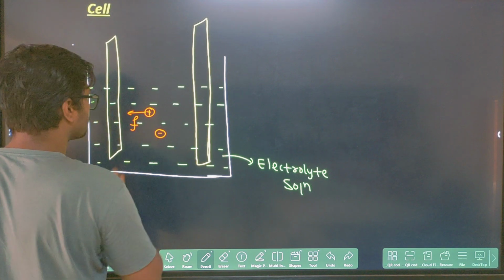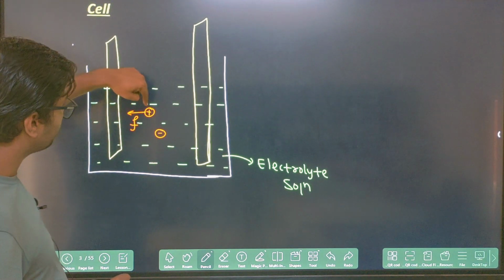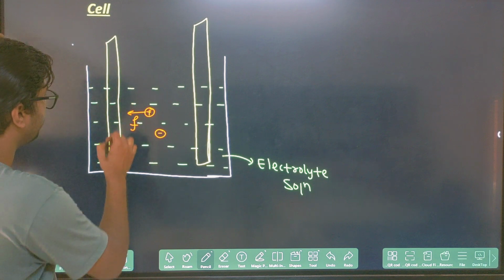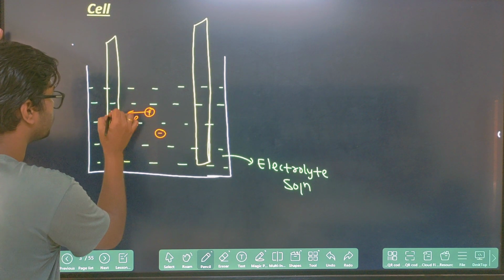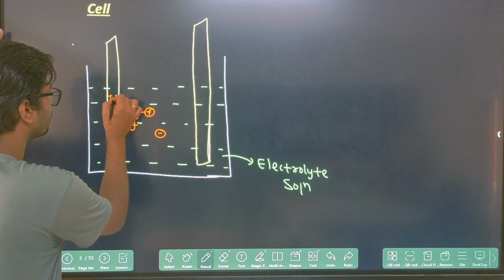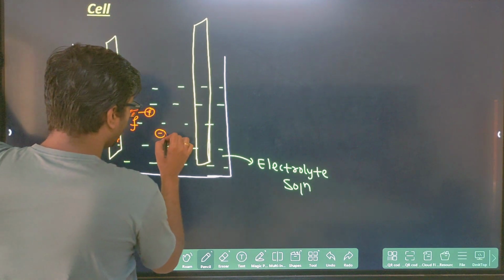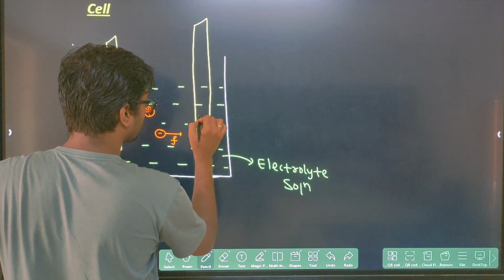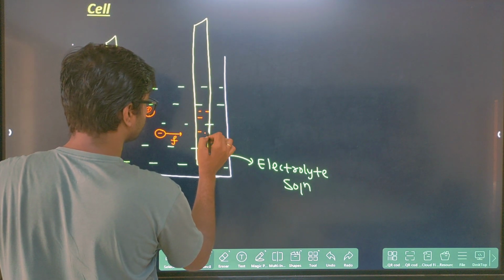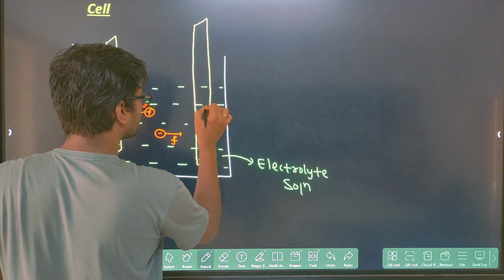Let's call that unknown force F. The positive ion will move with this force and be deposited here, right? And the negative ion will move with the help of the unknown force and be deposited here, right?